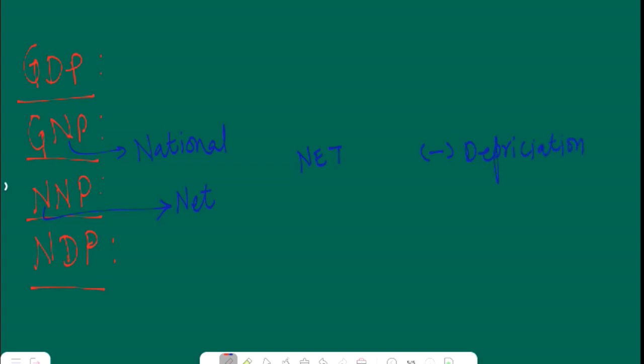And for calculating national income, we have to add net foreign income from abroad. Okay, and these formulas will help us in understanding this topic.